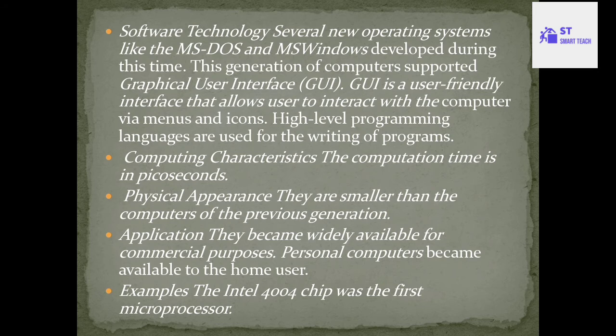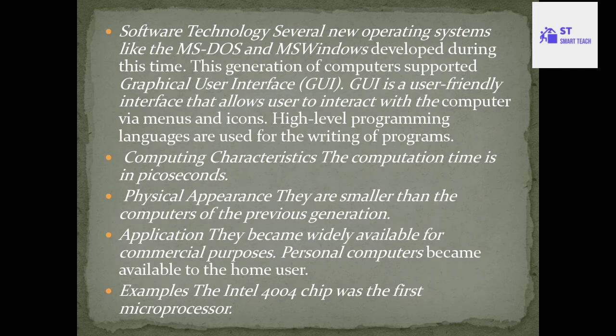High-level programming languages are used for writing programs. High-level language means English language; through English we can write the programs. Computation time is picoseconds. Physical appearance, they are smaller than the previous generation of computers.